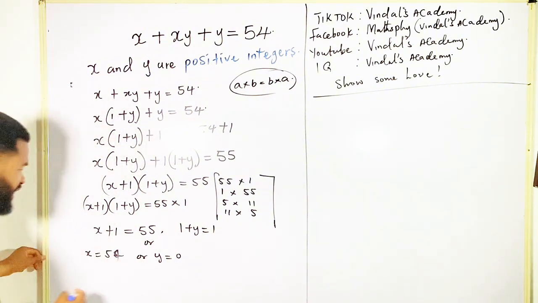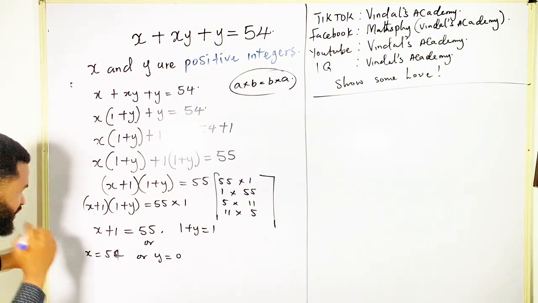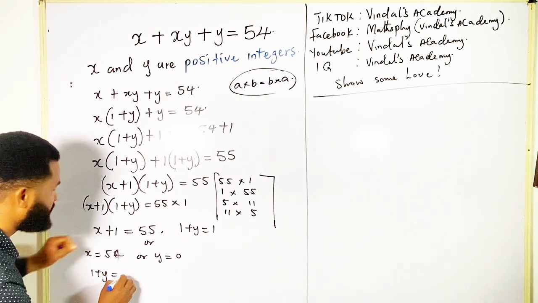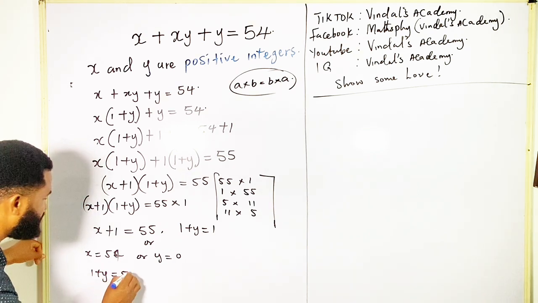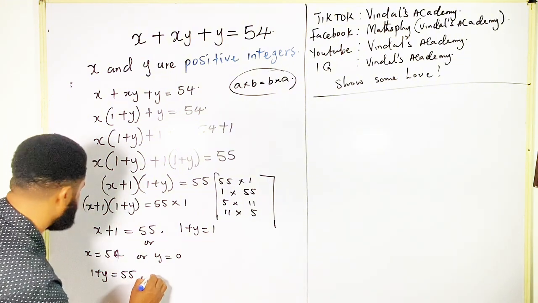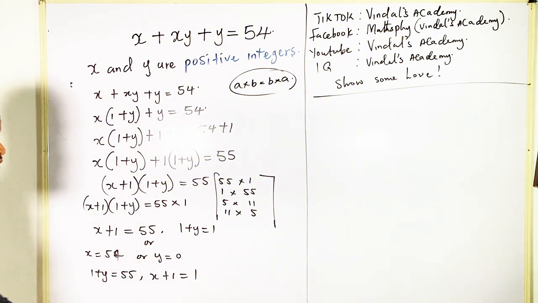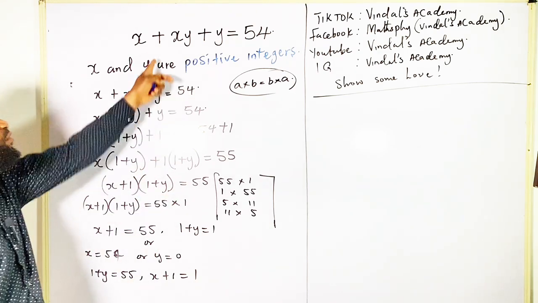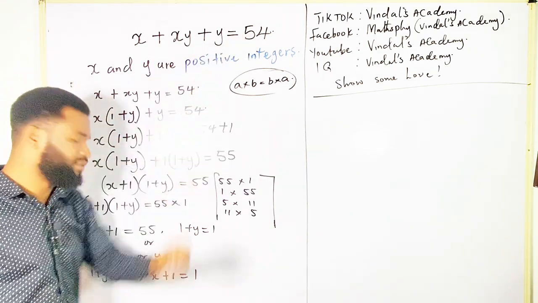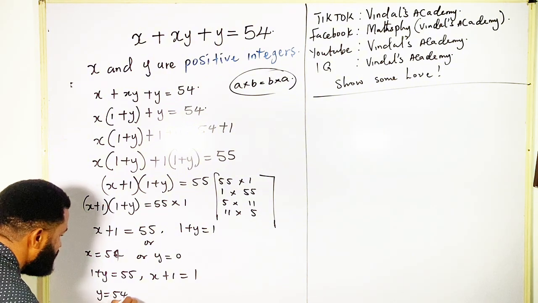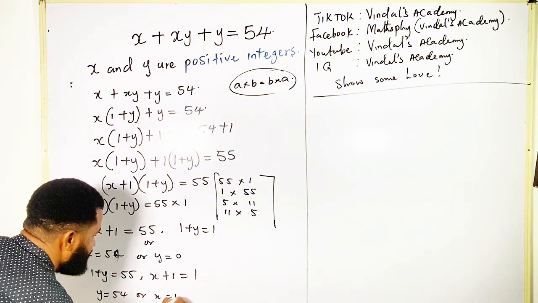Or I can also say, another case, that 1 plus y is going to be 55. Yes, 55. And then x plus 1 is going to be 1. That is what matters. What matters is when you slot the answer here, you get your 54. So let's go. y is going to be 54, or x is going to be 0.